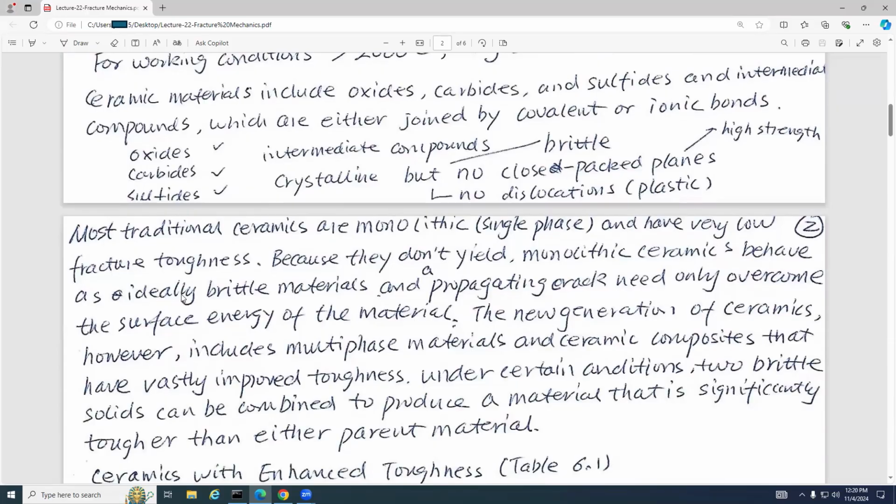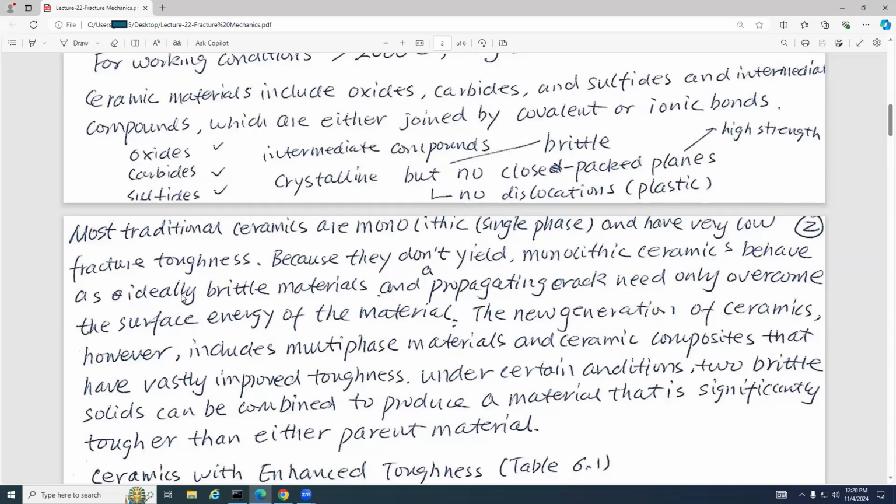You can see, even though this material can withstand a very high temperature, when we talk about mechanical loading, especially impact, it has very low fracture toughness. What does that mean? It means that it is very brittle.